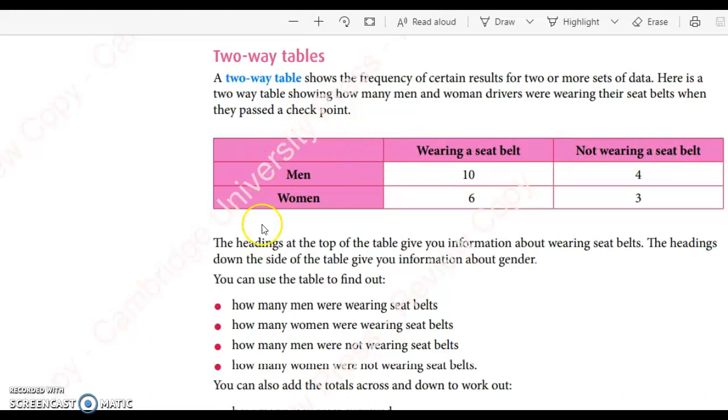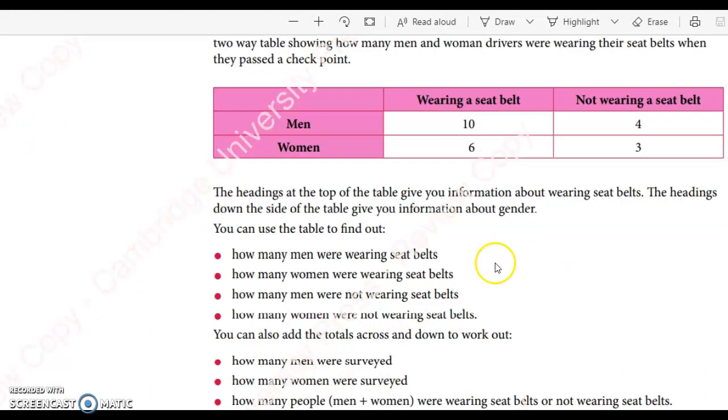So you have two categories. The first one is gender, and the second one is about wearing a seat belt or not. First category, second category, you can make into a two-way table. Okay.